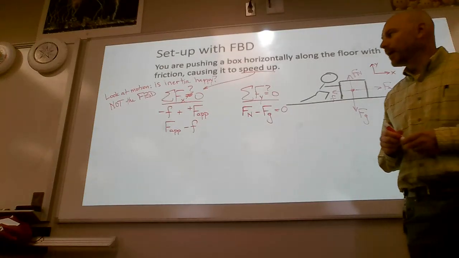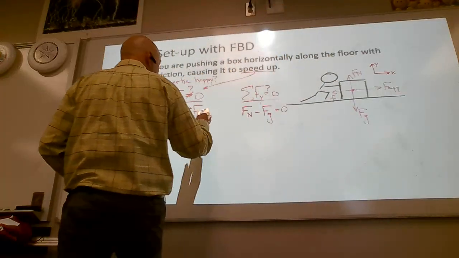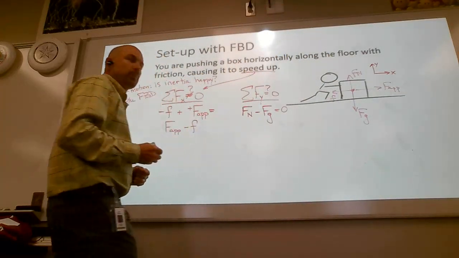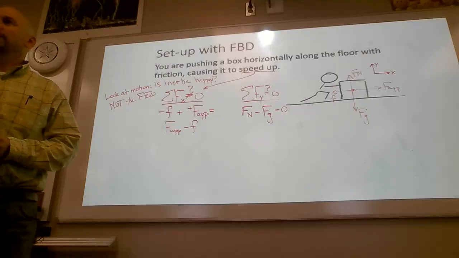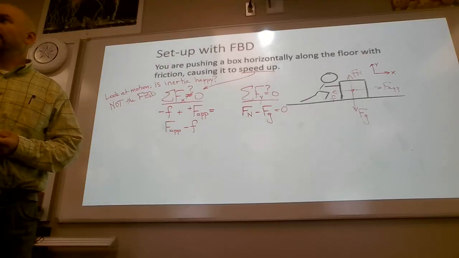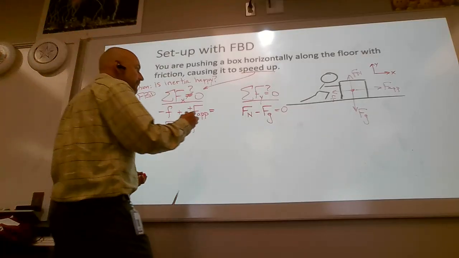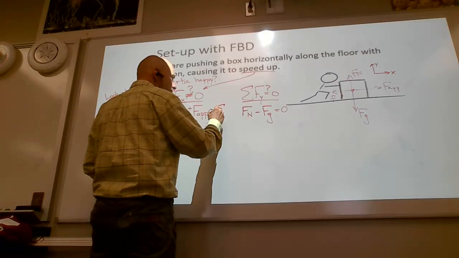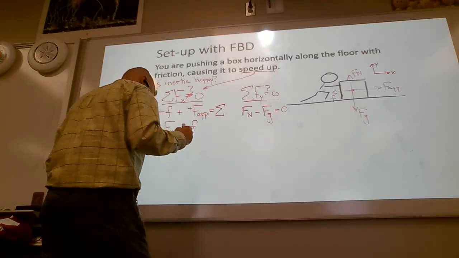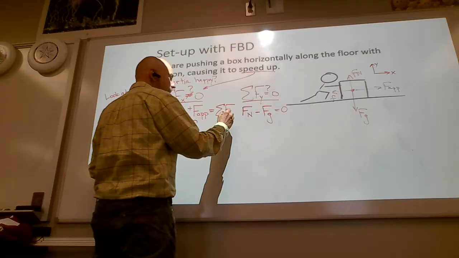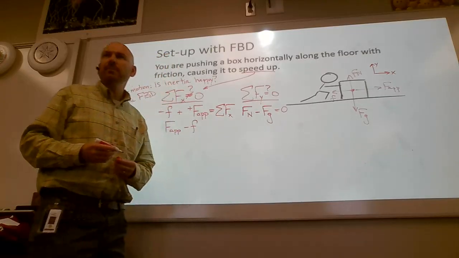Okay. In the x direction, we said they're not equal to 0. What is it equal to? I don't know, but it's not 0. So the nice thing about algebra, we don't have to know what the value is. We can just represent that with a variable.